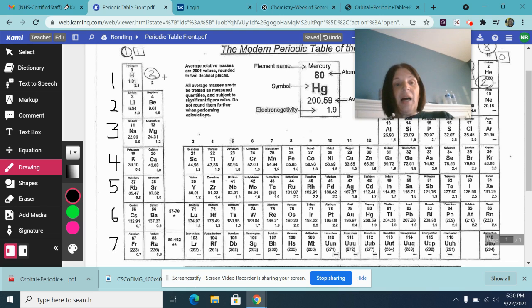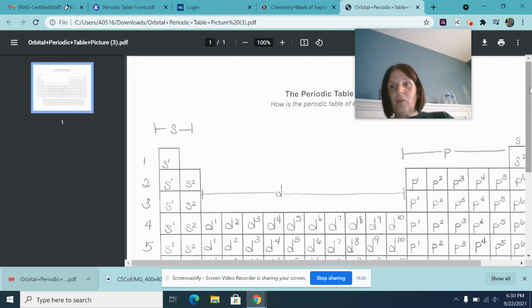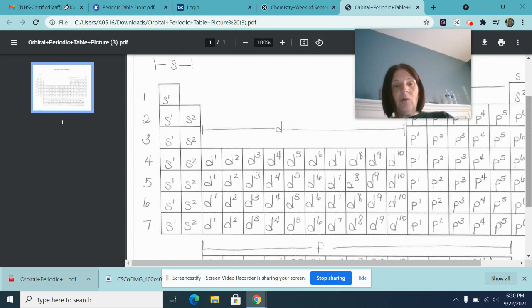On the other orbital periodic table, we said that anything along the left-hand side of our periodic table would be hanging out in what we called the s orbital.